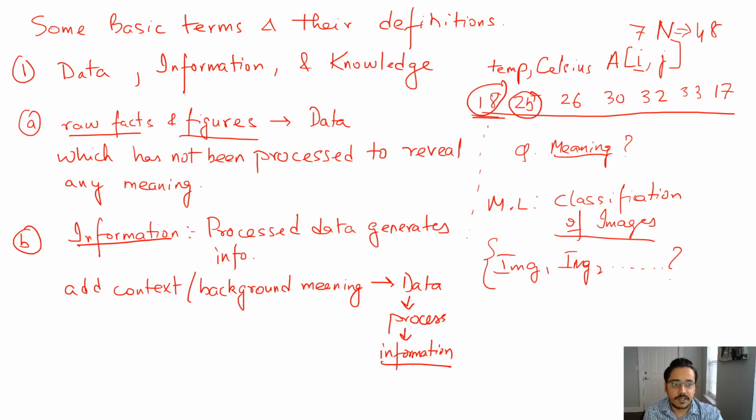Then we can also give some more context and say that the columns are basically days of the week, and the rows are basically the week number, or something along these lines.